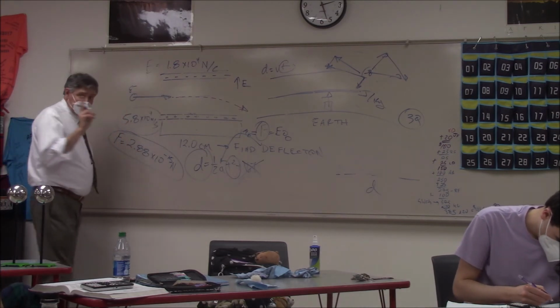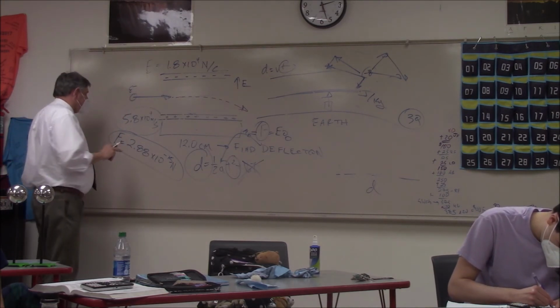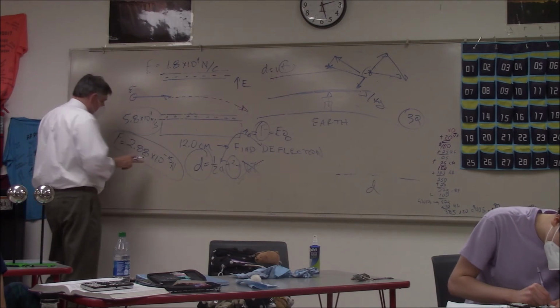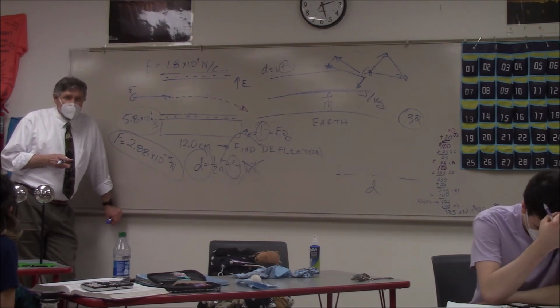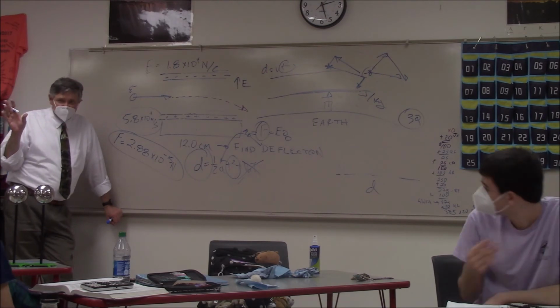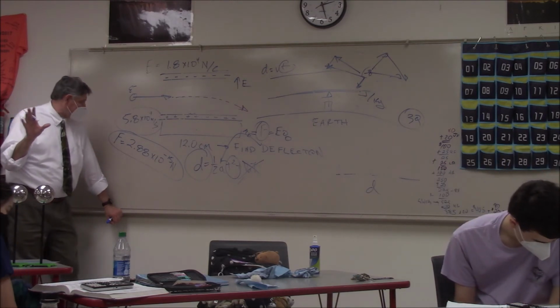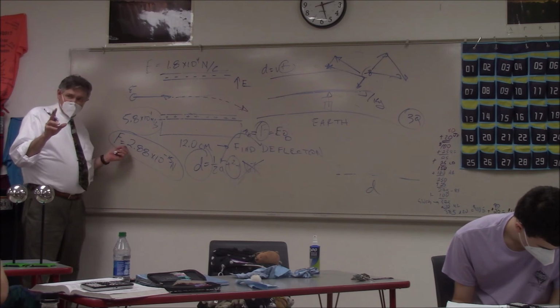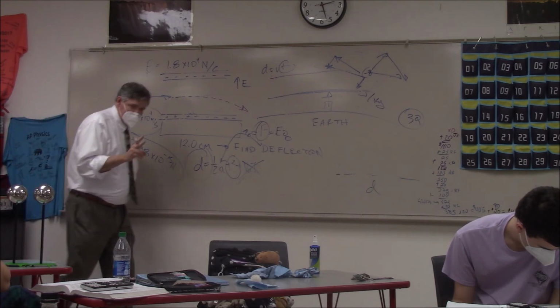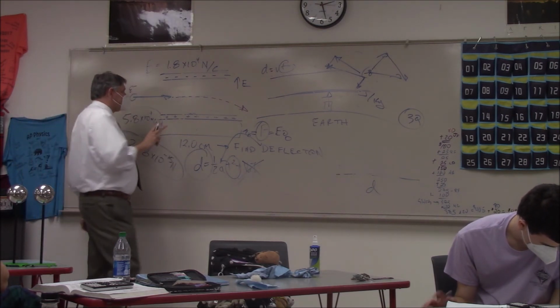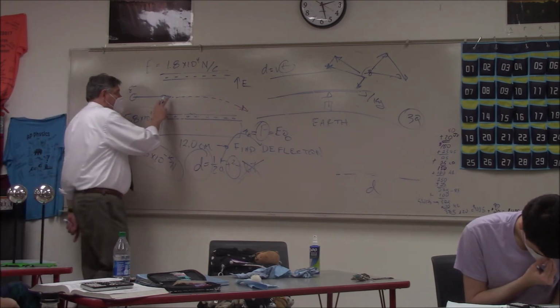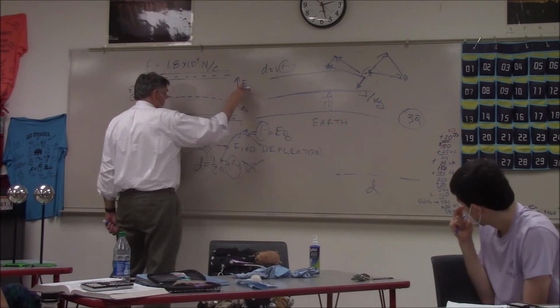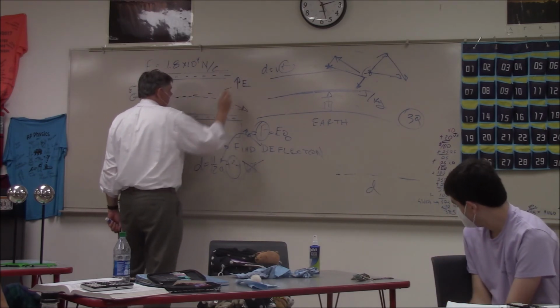If it was a proton, would a proton feel the exact same amount of force? Yes, because the charge is 1.6 times 10 to the negative 19th. So a proton would feel the exact same amount of force. But what would be the path of a proton? It would go up. Would it be symmetrical to this, just pointed up?